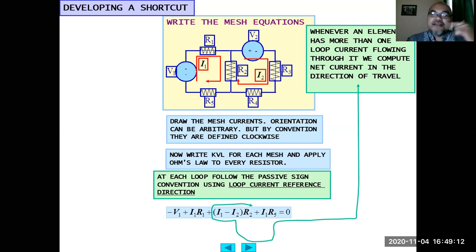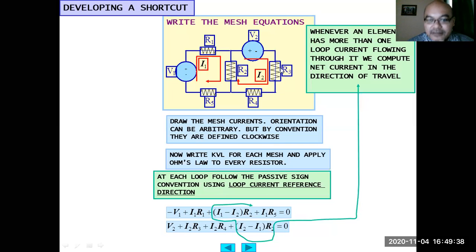So if we rewrite it from top to bottom along the loop direction, we have to assign a negative sign to I2. That's why it is I1 minus I2 multiplied by R2. Then the second loop, going from this node, plus V2 plus I2 multiplied by R3 plus I2 multiplied by R4.